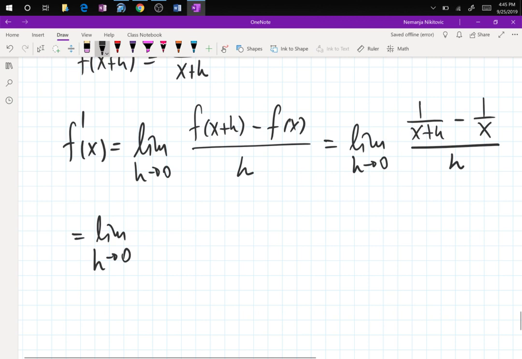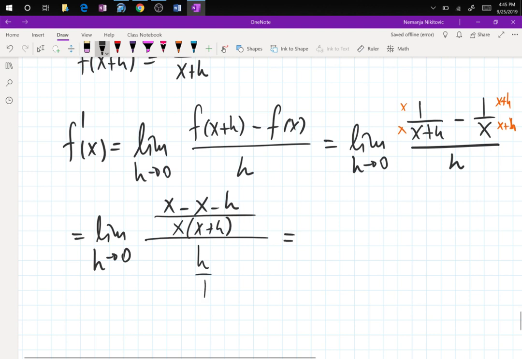So multiply this one by x over x, and that one by x plus h over x plus h. First off we have this whole thing divided by h, then over here we have x times x plus h as the common denominator, and in the numerator I have x minus (x plus h). When I distribute everything, I'm also going to put h over 1, so it's easier to deal with these things.